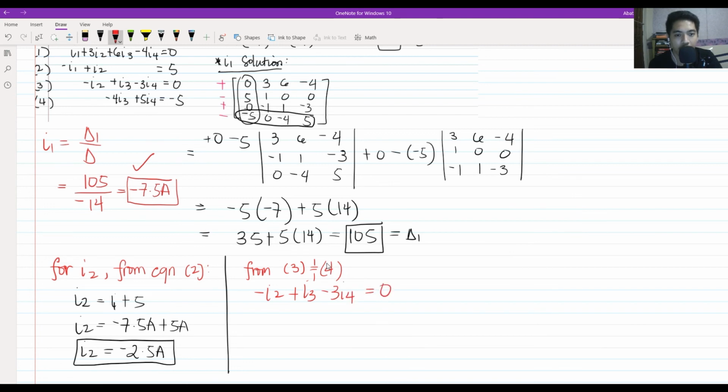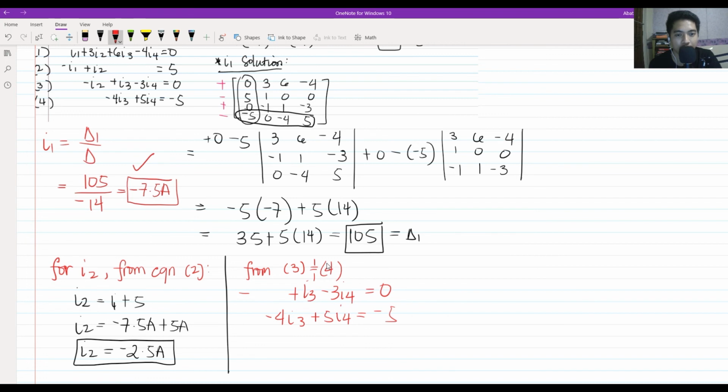And for equation 4, we have negative 4 I sub 3 plus 5 I sub 4 equals negative 5. But we know that I sub 2 is now equal to negative 2.5. So take careful note of the negative here. So this is negative I sub 2.